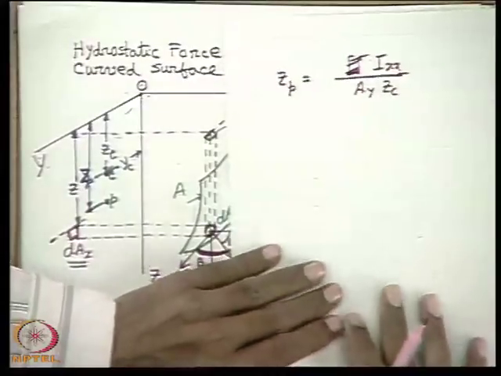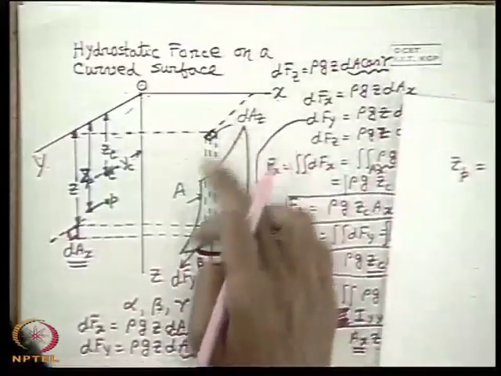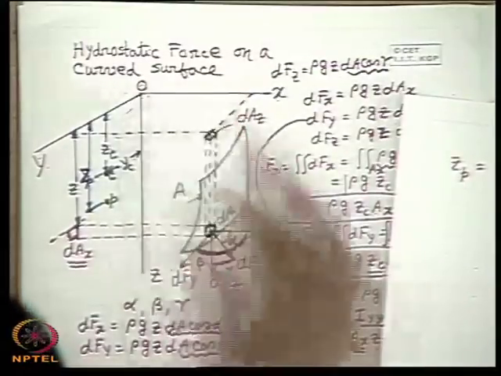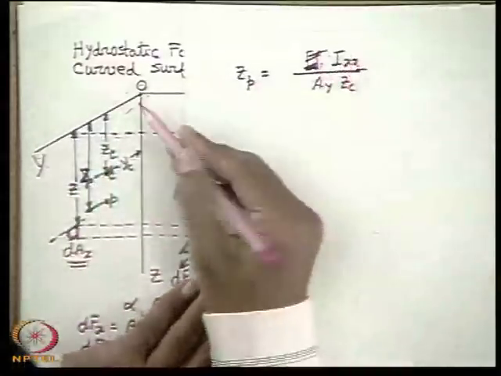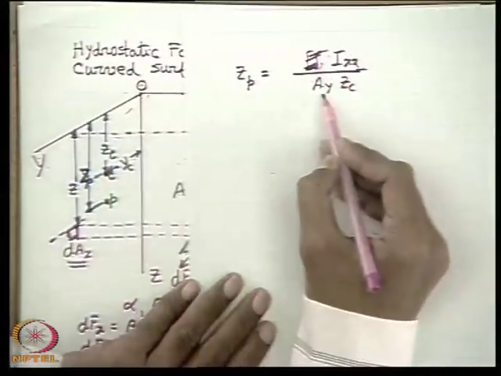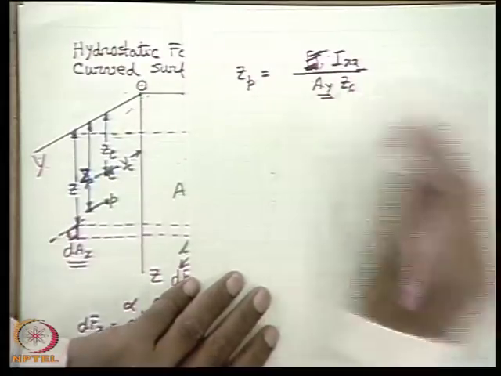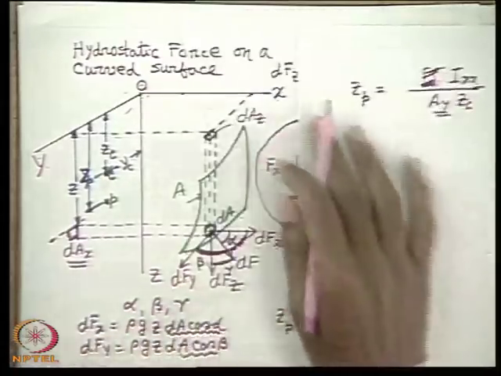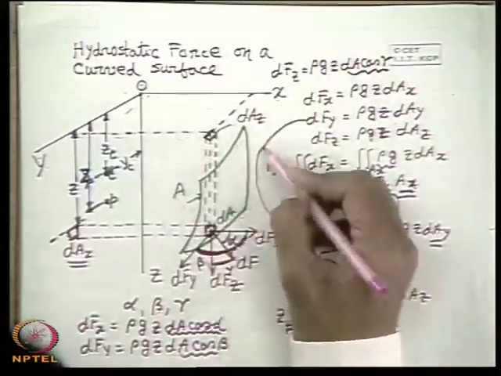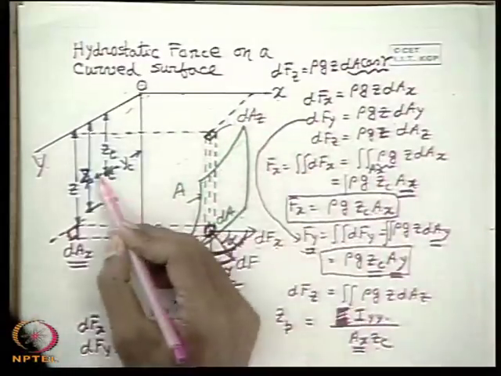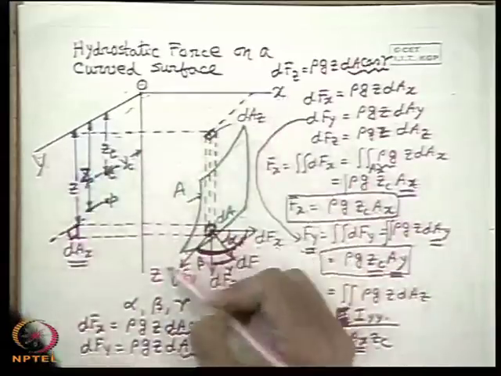That means where Ay is the projected area of this surface on the xz plane, and its second moment of area about this x axis is divided by the area itself, times Zc. That means we will treat these simply as pressure forces on plane surfaces, which are the projected surfaces on the yz and xz planes.